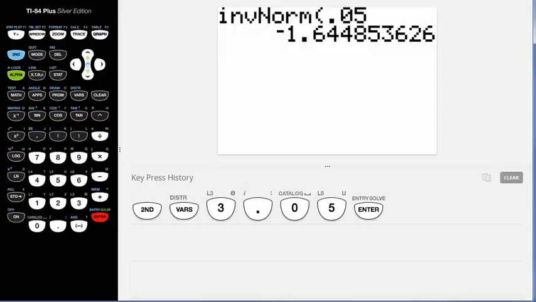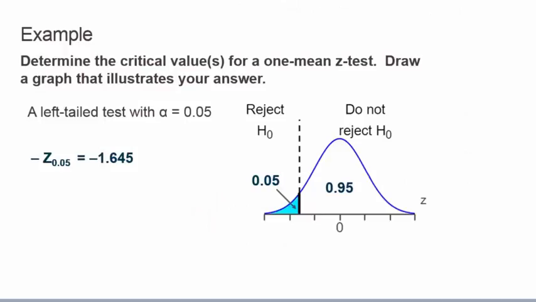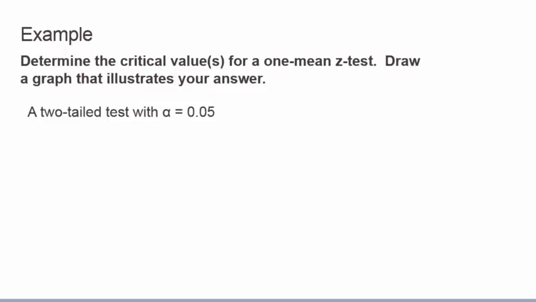Since it is symmetric, I could use my definition of 1 minus alpha to find my z-score, or I can use alpha to find the z-score.